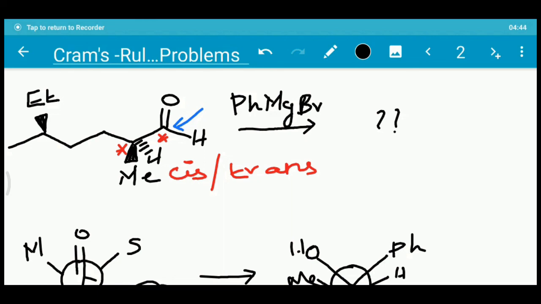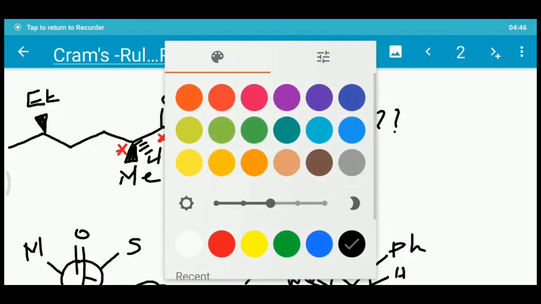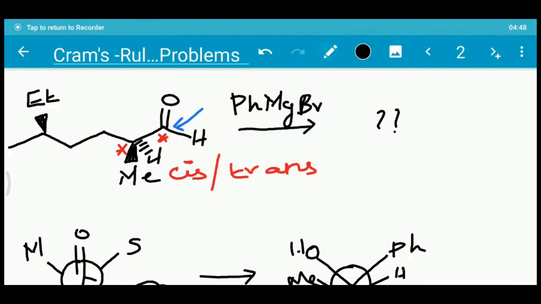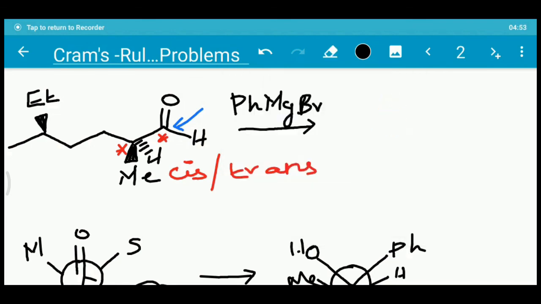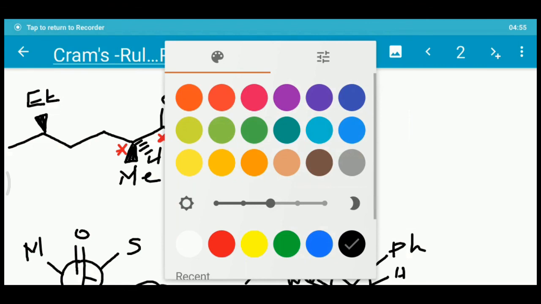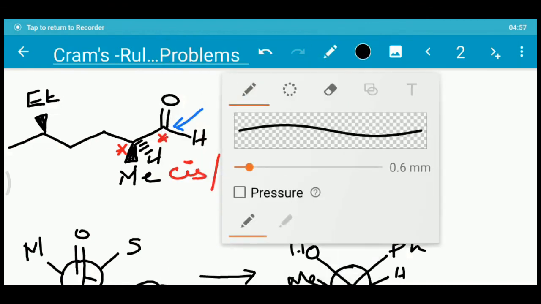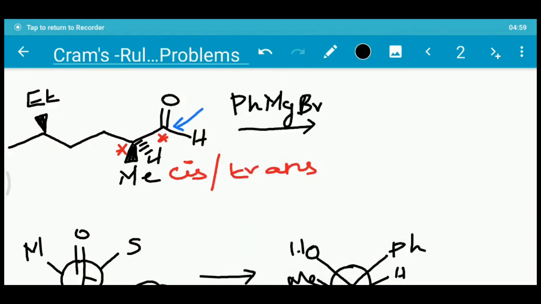Therefore, let us try to draw the product over here. Let me draw the product. So one of the important rules while predicting the product is that the longest chain and the nucleophile are always anti to each other.